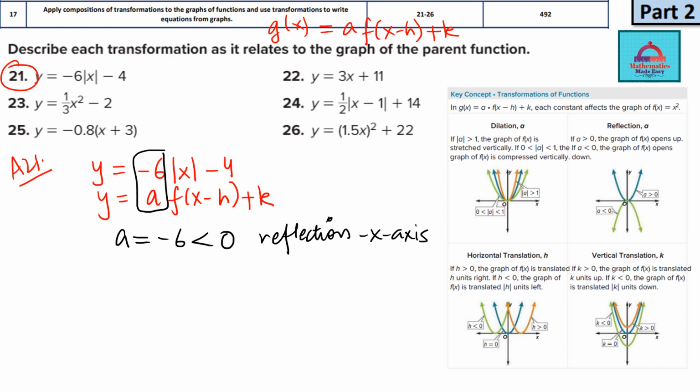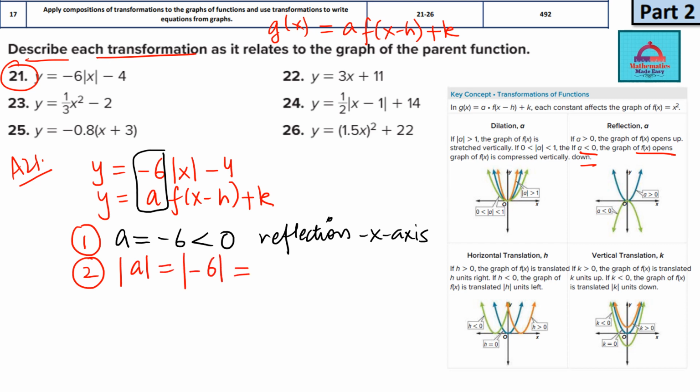So if we go to this key concept and the table, if a is negative, the graph opens down. So what is up will come down. So this is the first transformation. You just have to describe the transformation. You don't have to do the graph. So value of a being less than 0 tells you reflection. Next, if you take the absolute value of this a, it's going to be absolute value of negative 6.